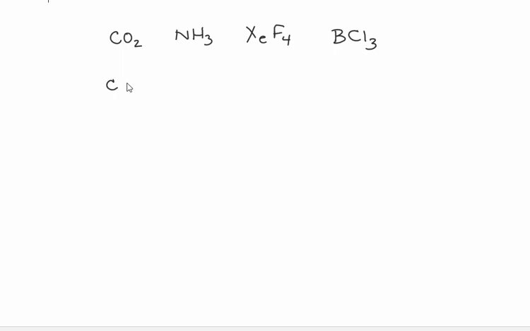Now carbon dioxide is one that's quintessentially used in order to show a linear relationship. Ammonia is usually used to show the trigonal pyramid. Xenon tetrafluoride has 4 of these, and then it also has 2 additional lone pairs on the xenon, and they orient away from one another.